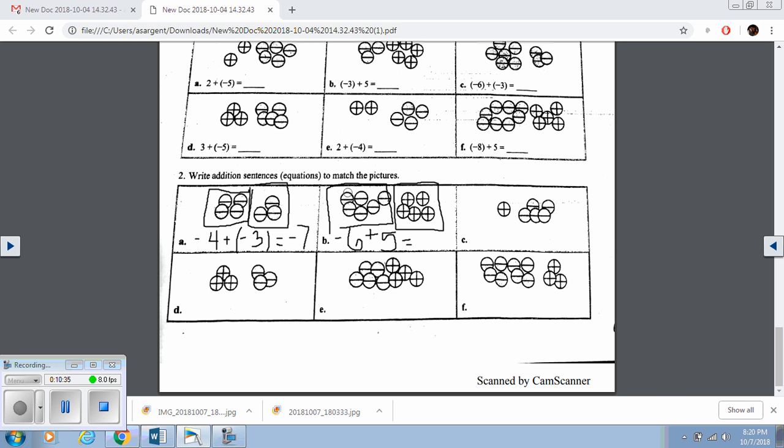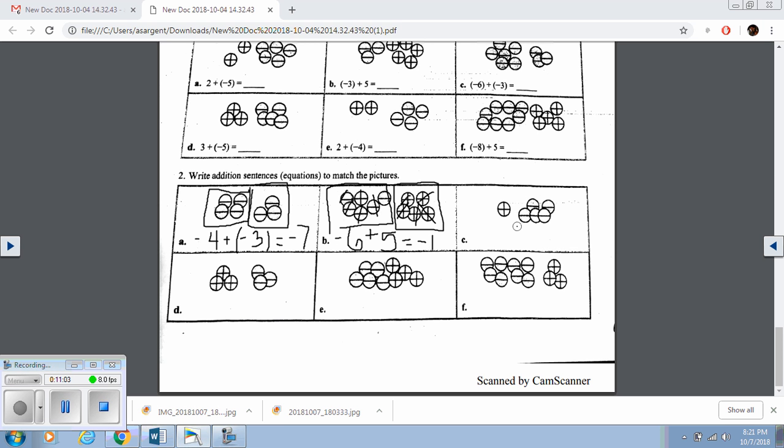Now I'm going to solve it. Negative, positive, negative, positive, negative, positive, negative, positive, negative, positive. I don't have any more to cross out. So what I'm left with is that one negative. So -6 plus 5 is -1.